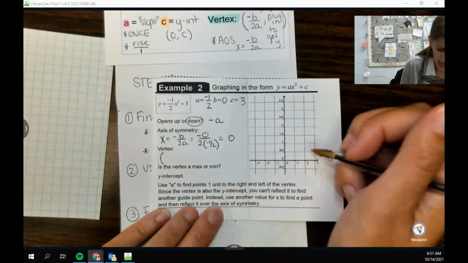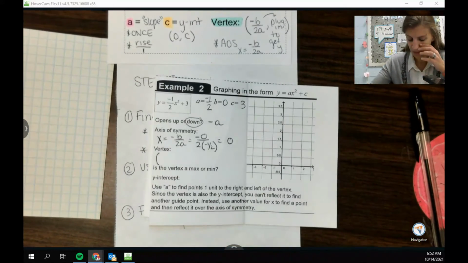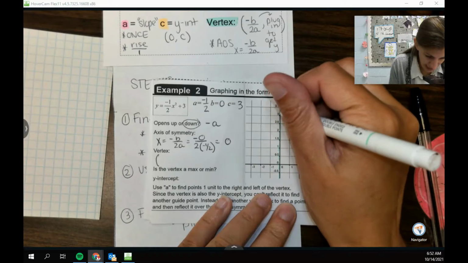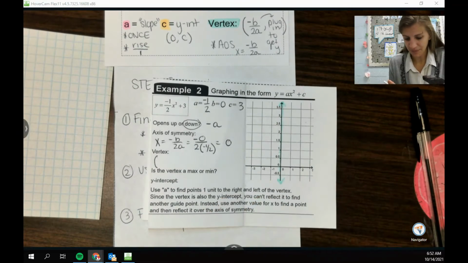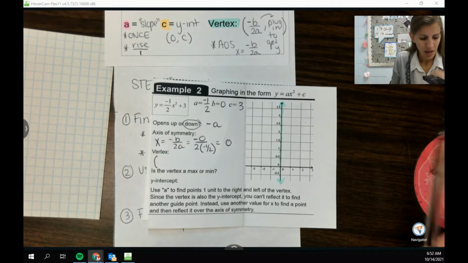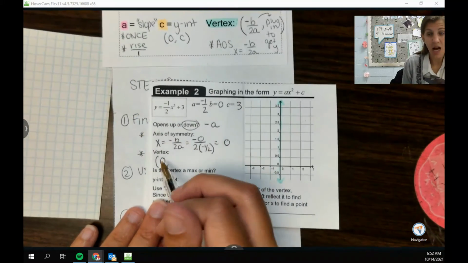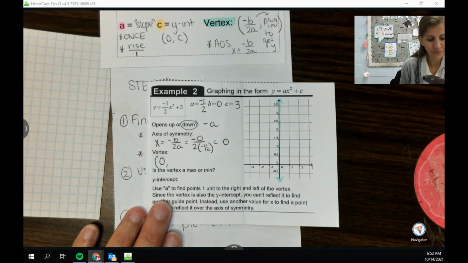So for my vertex, I can draw in my axis of symmetry. I'm going to do it with a color because since it's 0, it's on the y-axis, so that's kind of hard to see. For the vertex, I know the x value is 0 because it's on my line of symmetry.